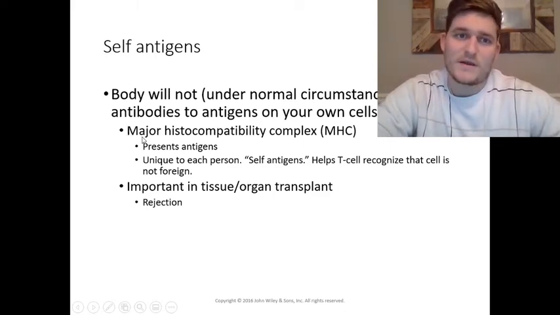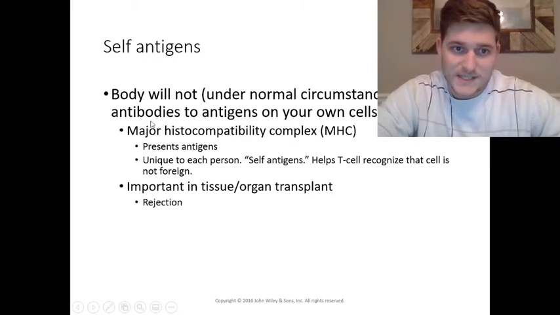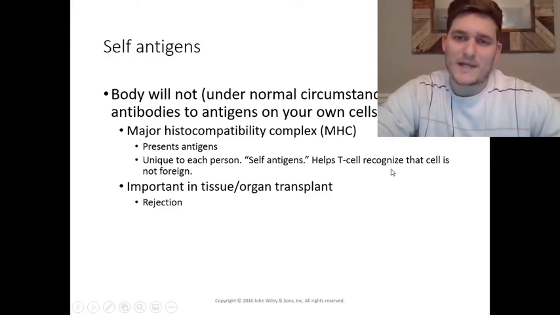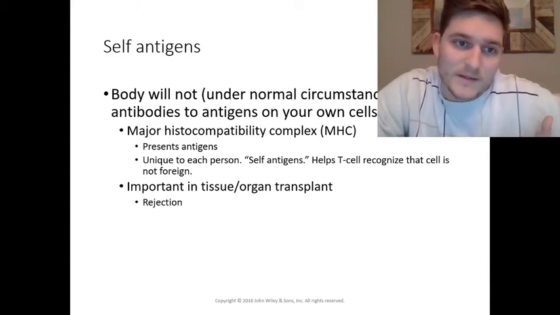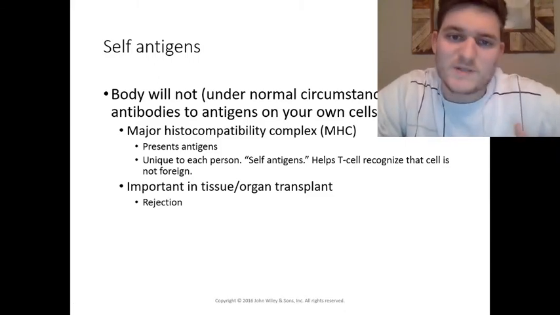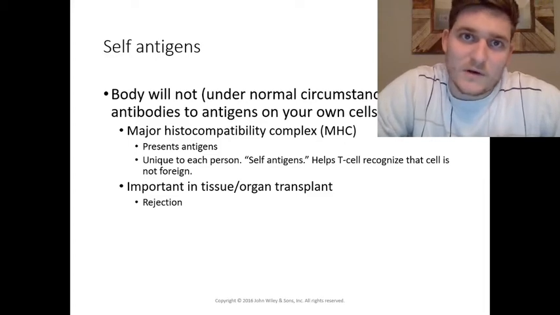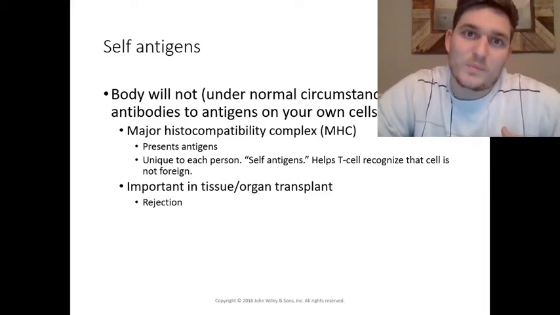We have what's called the major histocompatibility complex, which presents antigens and helps T cells recognize that the cell isn't foreign. And this is going to be important as far as tissue transplants and organ transplants are concerned, because if those cells are recognized as threats, as antigens, there will be rejection.